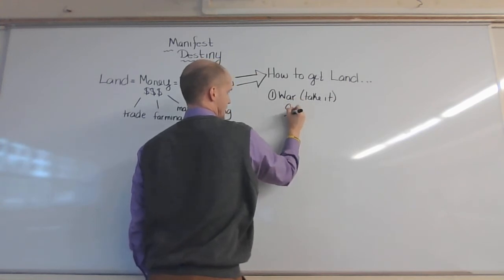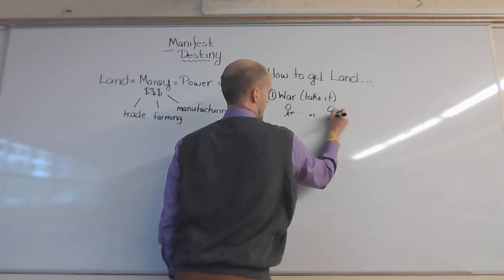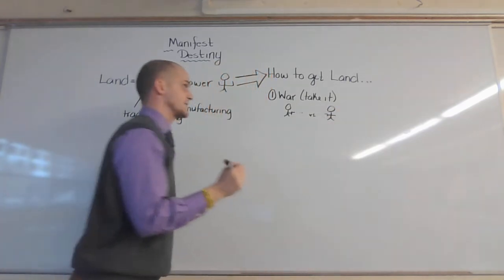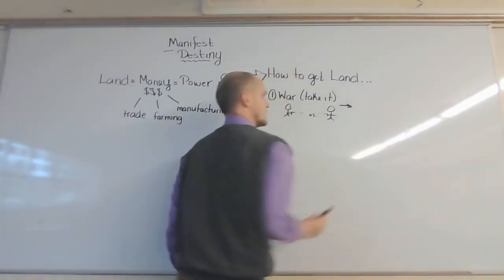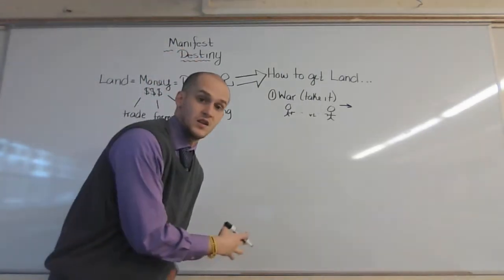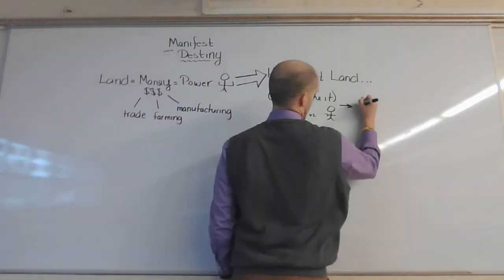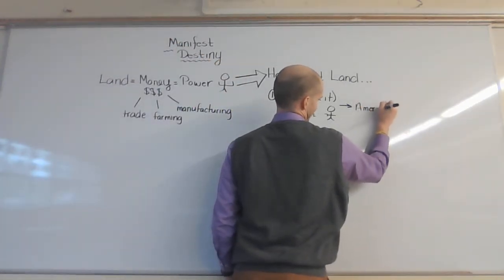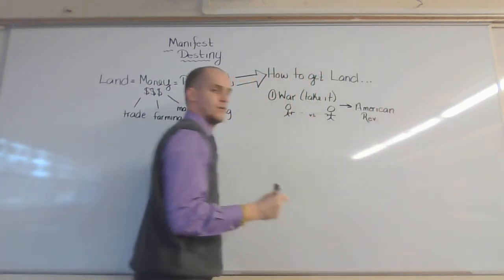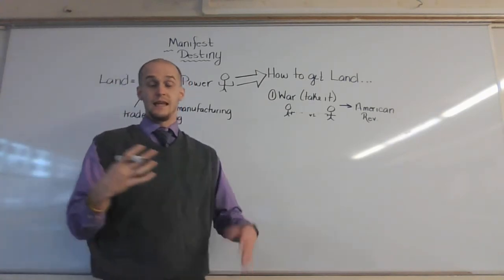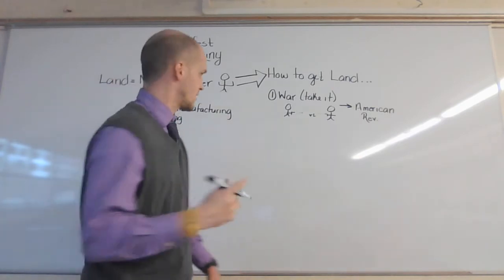The example of this would be the American Revolution, where the colonies in the United States take that land from Great Britain. That's one way to do it. The Mexican-American War is how we got a bunch of the southwestern states. We'll talk more about that as we move on.